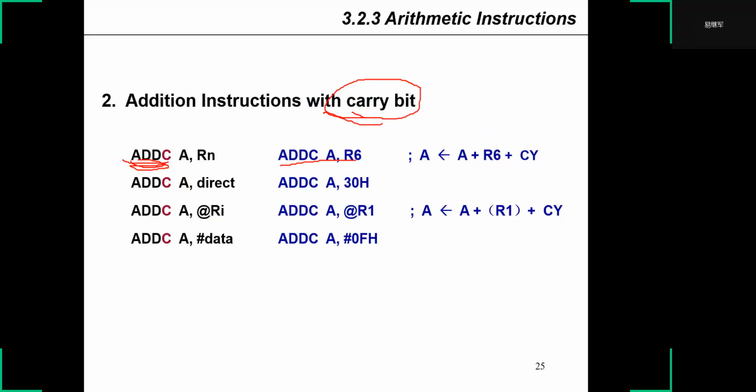ADDC A, R6 means A plus R6 plus CY, and the result is saved to A. So with the carry bit CY, there are actually 3 parts to add.